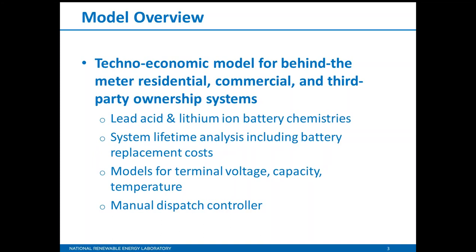Those are not currently modeled in SAM. We're just interested in behind the meter, which you would typically think of using for demand charge reduction or energy shifting based on time of use rates.